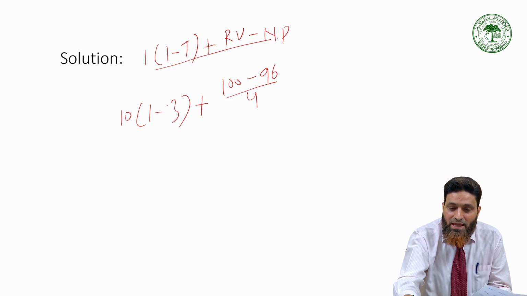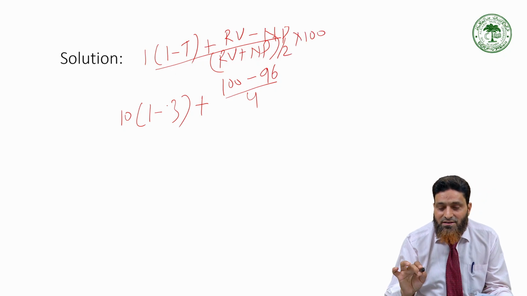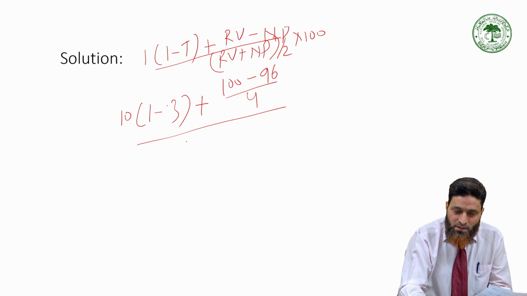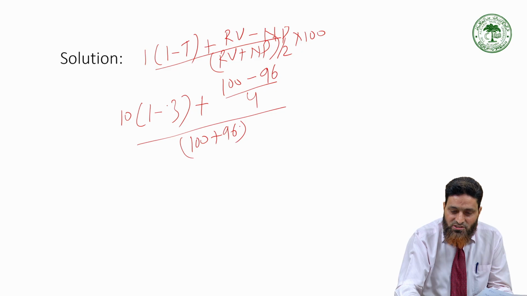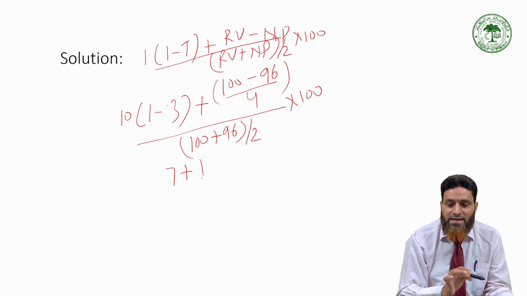Divide by the average of redemption value plus net proceed, divided by 2, into 100. So this is the formula which was given. So 100 plus 96, that is the average, into 100. You can calculate: this one will be 7 plus its calculation will be 1, that is 8.